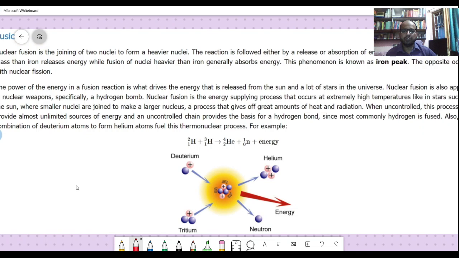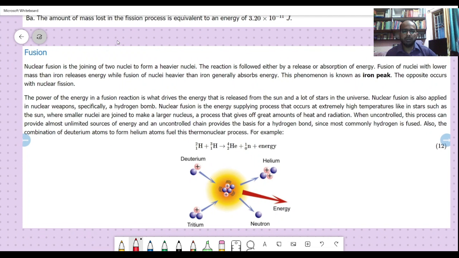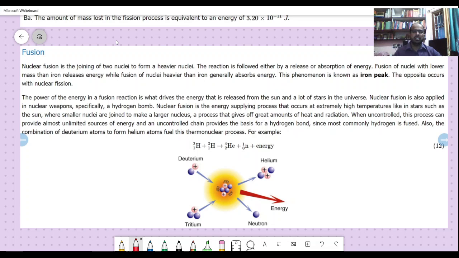Fusion is the joining of two nuclei to form a heavier nucleus. The reaction is followed either by a release or absorption of energy. Fusion of nuclei with lower mass than iron releases energy, while fusion of nuclei heavier than iron absorbs energy.